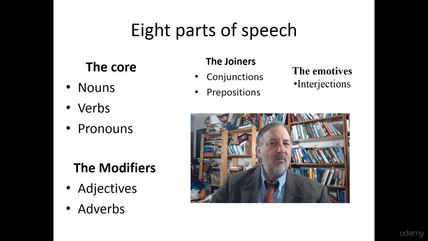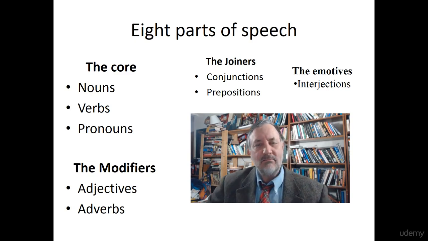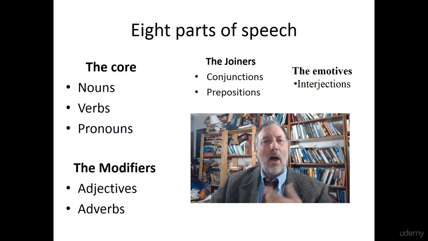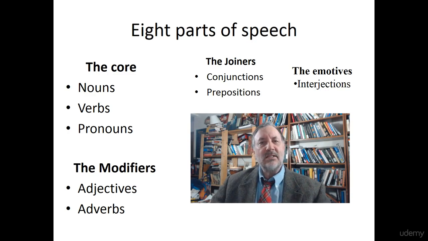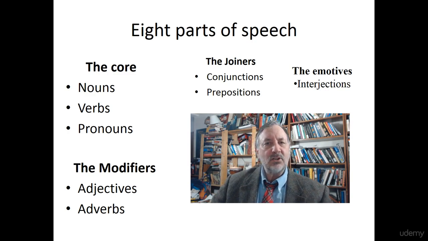And then finally you have the emotives. These are the interjections. Wow, that was great. The wow being the interjection, okay? Anyway, I'm going to explain these in more detail as we go forward, but I hope this quick overview gave us something to base our further lesson on.